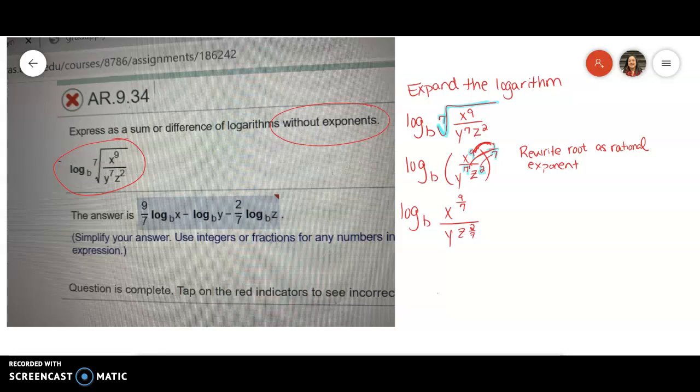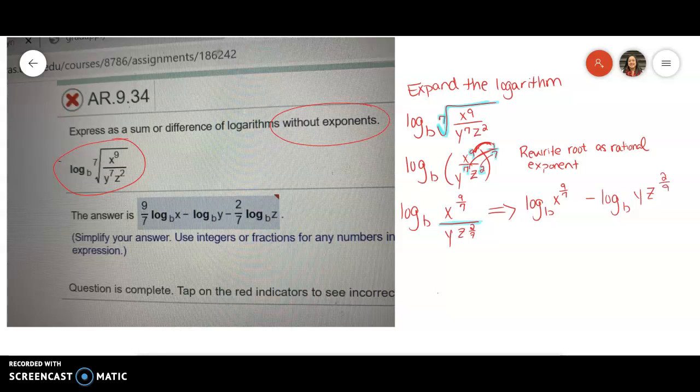And you have a property that says that when you have division such as this, I can rewrite that division as subtraction. So I could actually rewrite this as log base b of x to the 9/7 power minus log base b of y z to the 2/9 power.